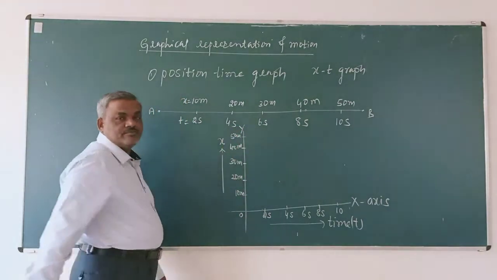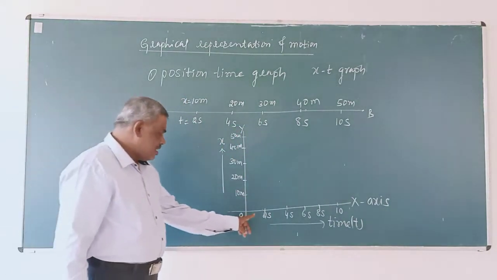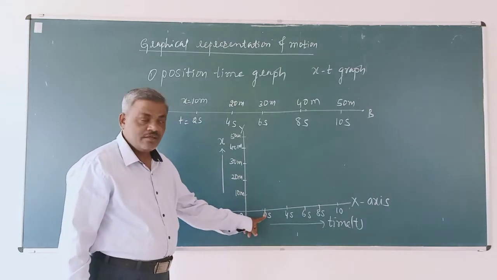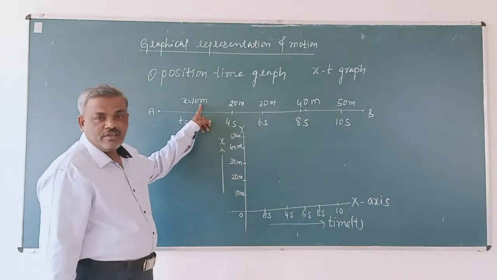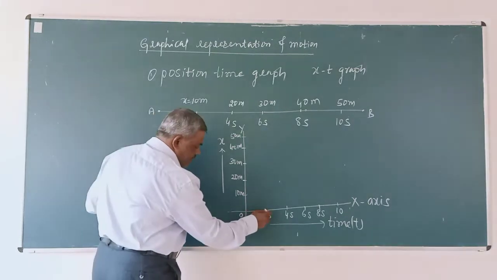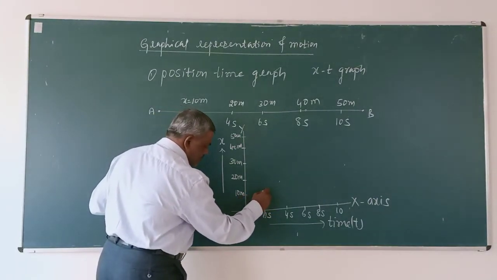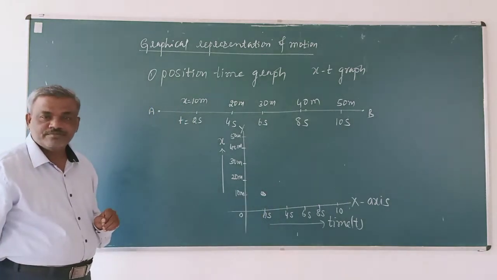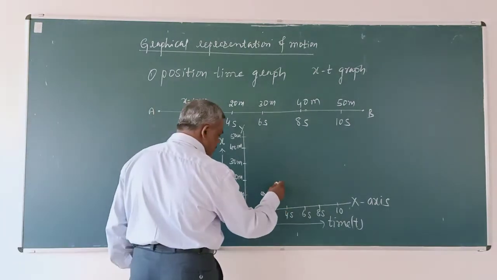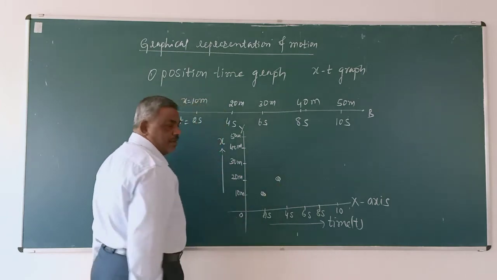Now after 2 seconds, how much does the body cover? 10 meters. So at 2 seconds, mark 10 meters. Just mark the point. After 4 seconds, 20 meters.